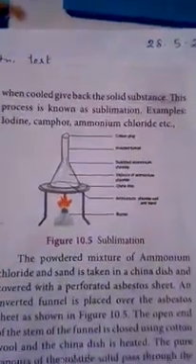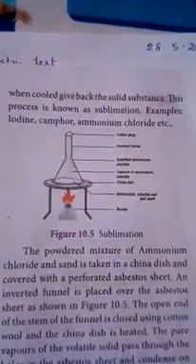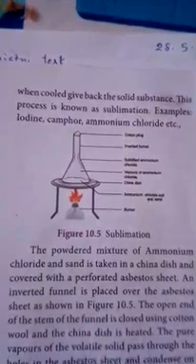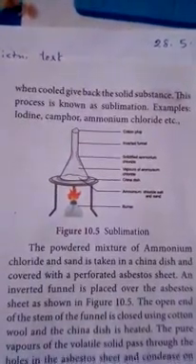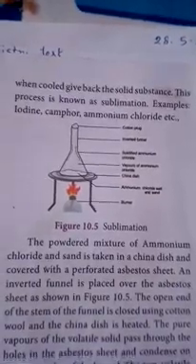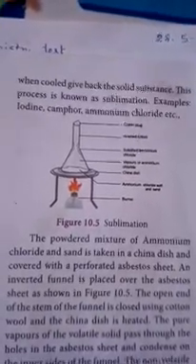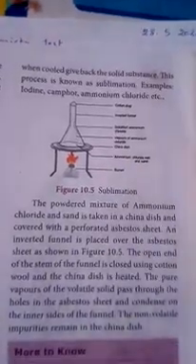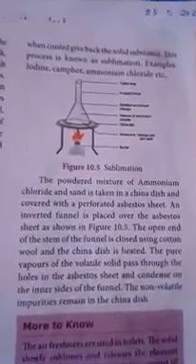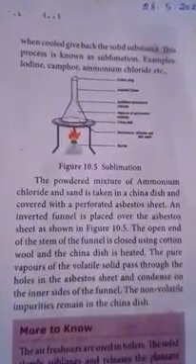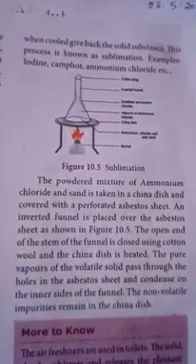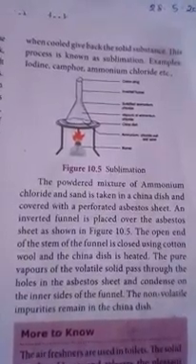The powdered mixture of ammonium chloride and sand is taken in a china dish and covered with a perforated asbestos sheet. An inverted funnel is placed over the asbestos sheet as shown in picture 10.5. The open end of the stem of the funnel is closed using cotton wool and the china dish is heated.